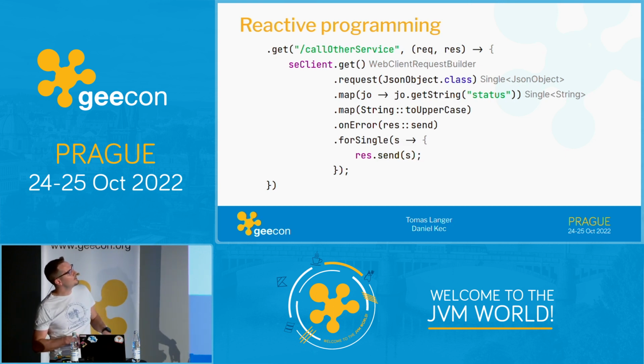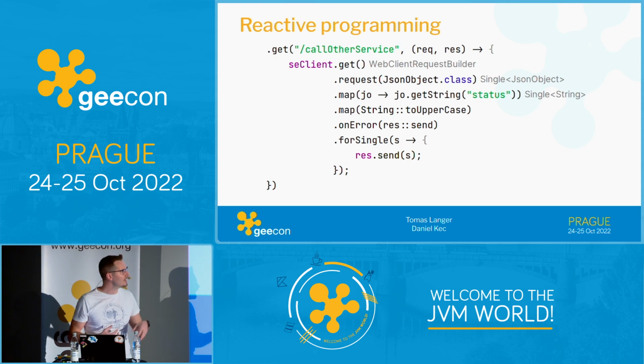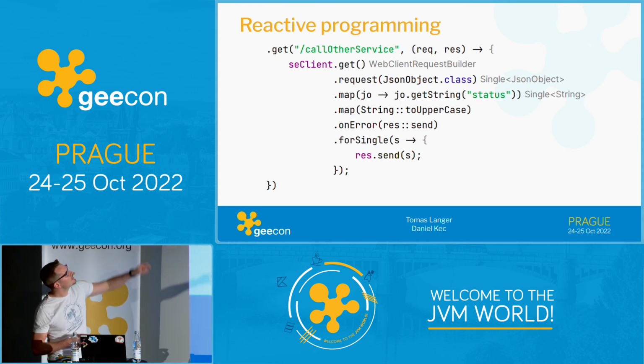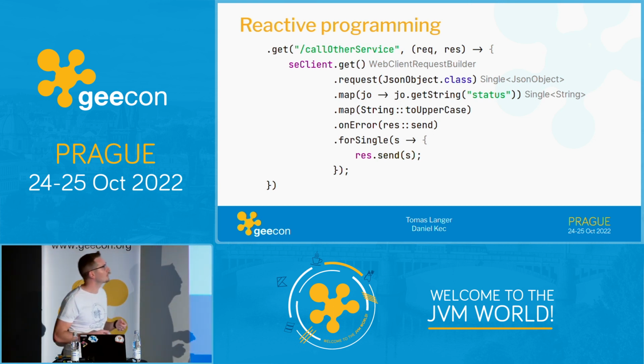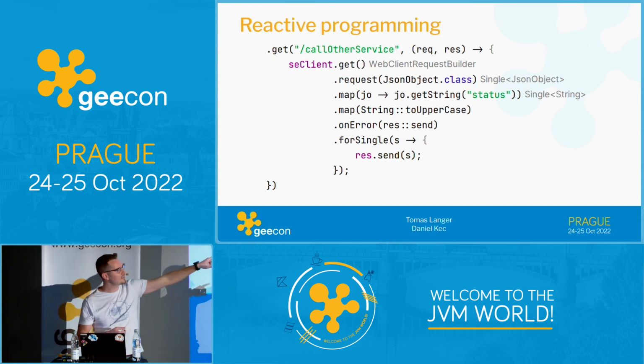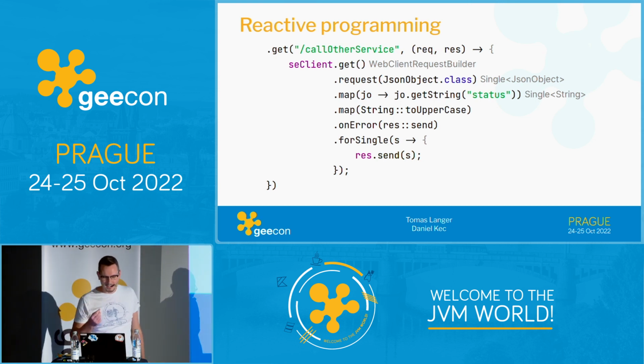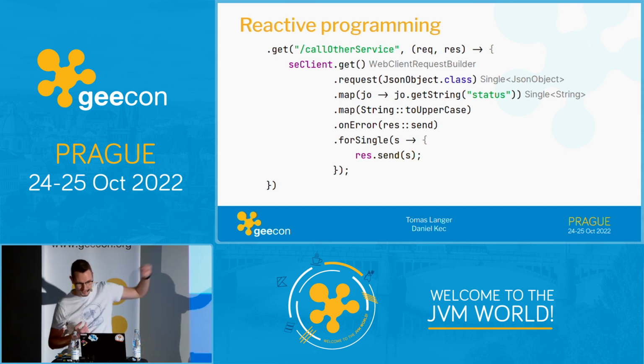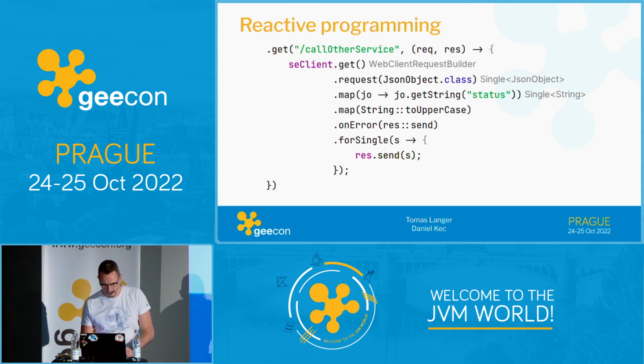And then when we create the request, we won't wait for the other side to respond, but we will register the callbacks in these reactive streams to be executed on a different thread when we get the response from the client. And in the end, as you can see, it will be the client's thread which will actually send the response from our server.